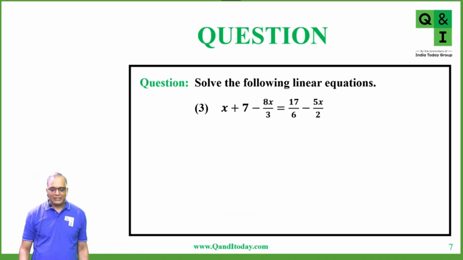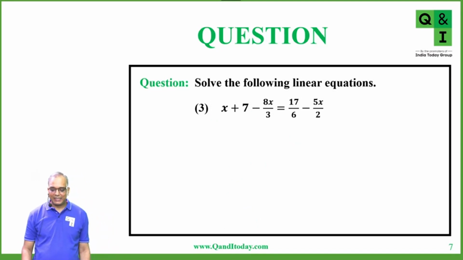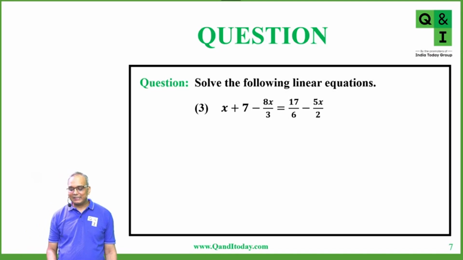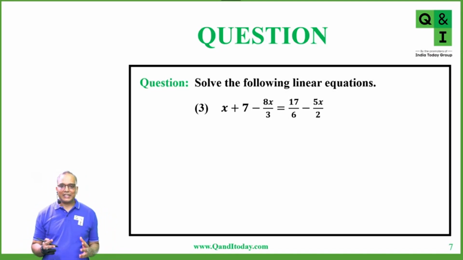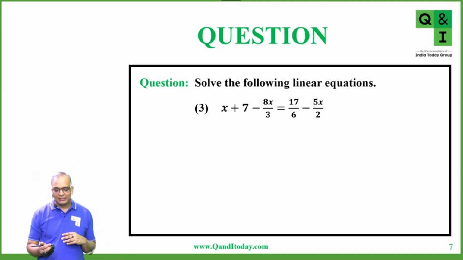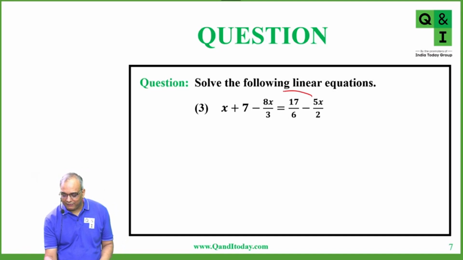Now the next question is: solve the following linear equation x plus 7 minus 8x by 3 is 17 by 6 minus 5x by 2. Now we have variables on both the sides. So we'll bring variables on one side and the constants on the other side. Let us bring minus 5x by 2 to the left and 7 to the right.